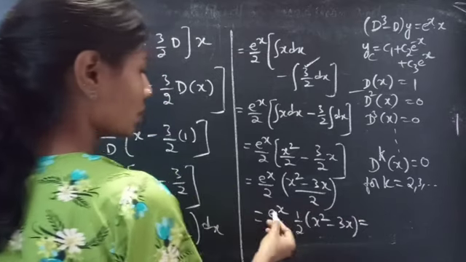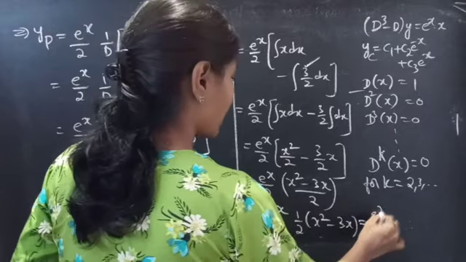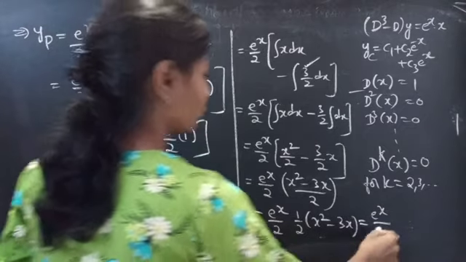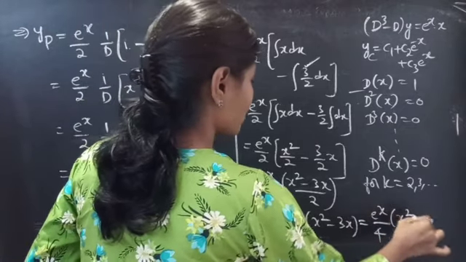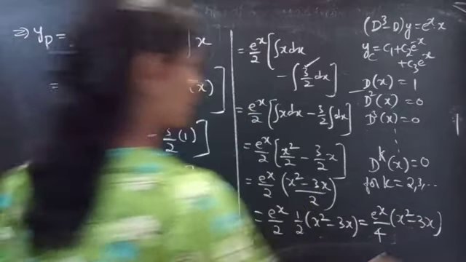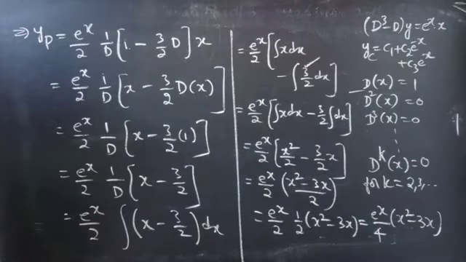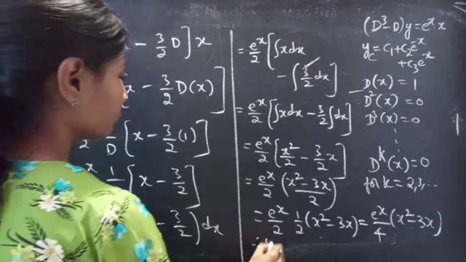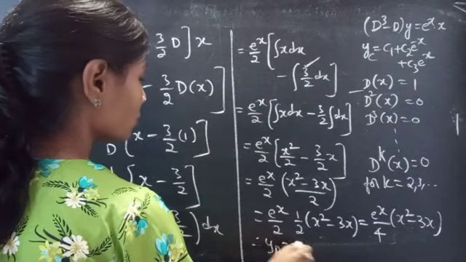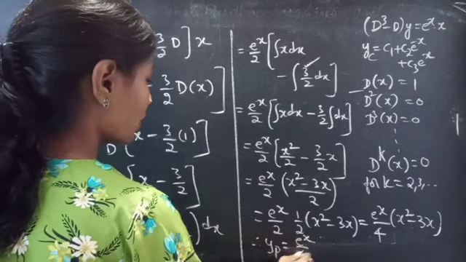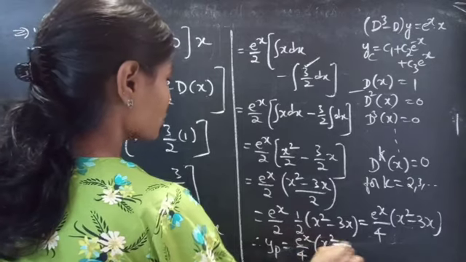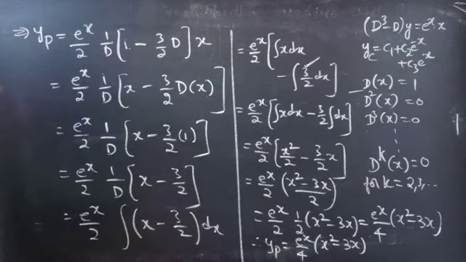This becomes e^x/(2·2), which is e^x/4, into (x² − 3x), which is our yp. Therefore yp = (e^x/4)(x² − 3x).